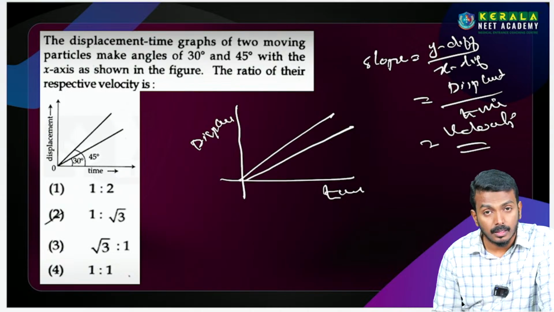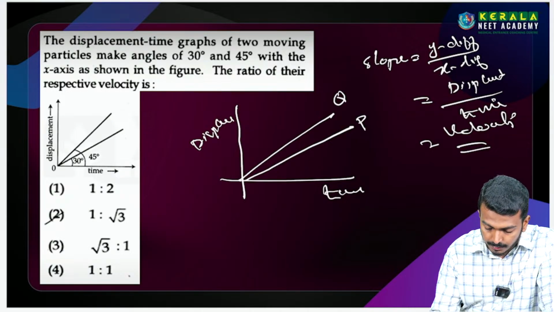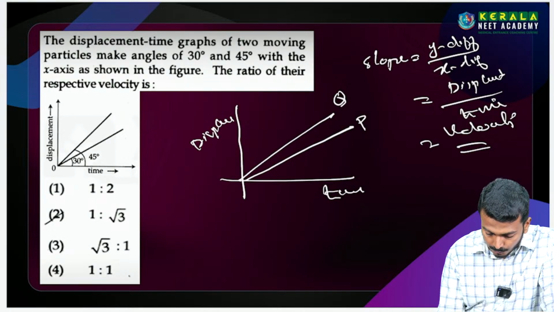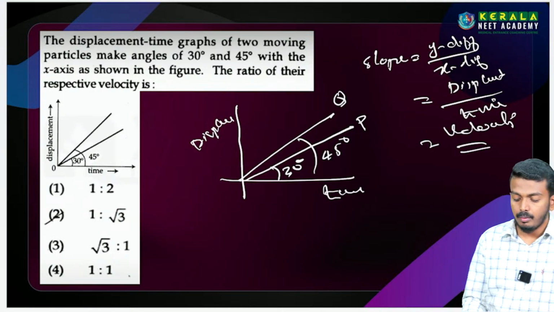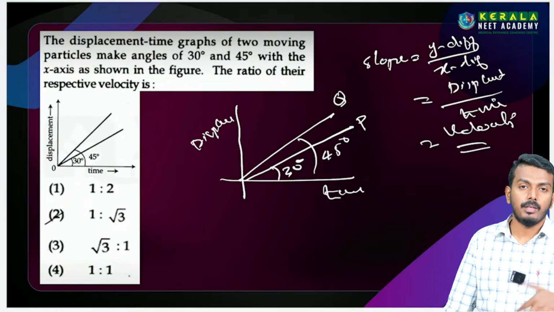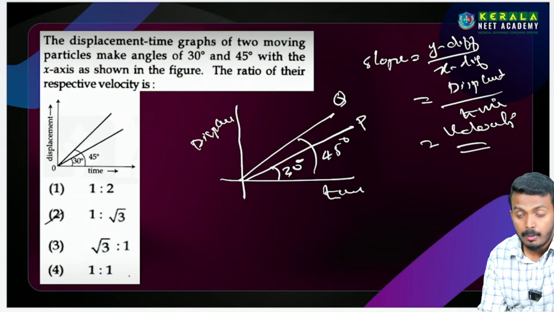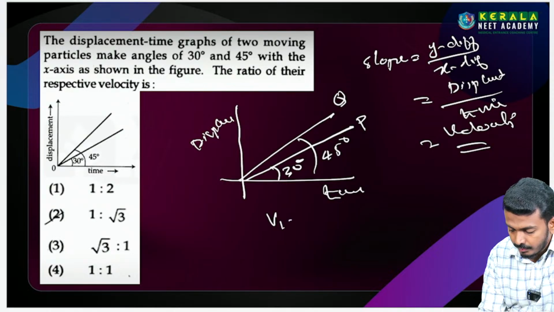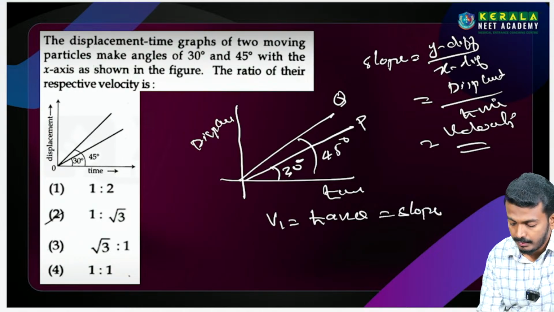From the question we have two velocities. Two slopes are there, means two velocities are there. This we can take as P and this we can take as Q. What is the value of P? 30 degree. What is the value of Q? 45 degree. Then how to find the velocity? Ratio of their velocity is the question. To take the ratio of velocities, it is enough to take the ratio of slopes. Means v is equal to tan theta, which is the slope.